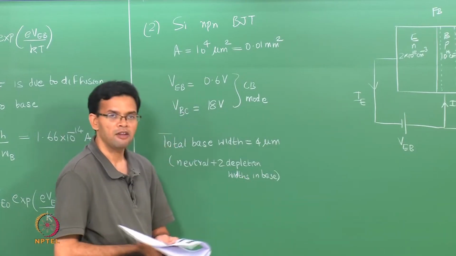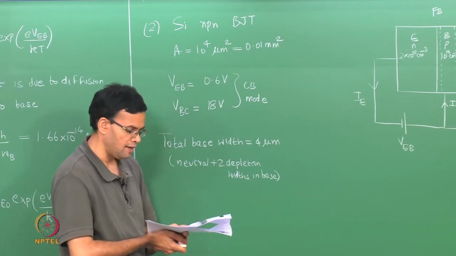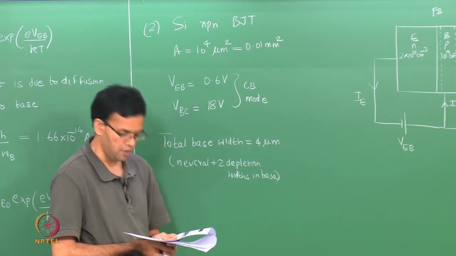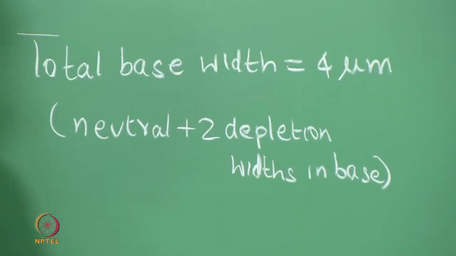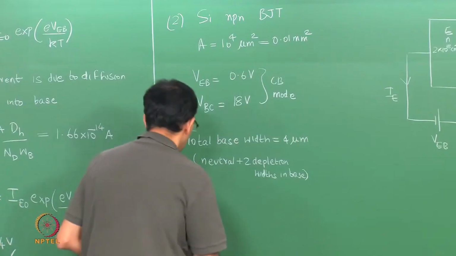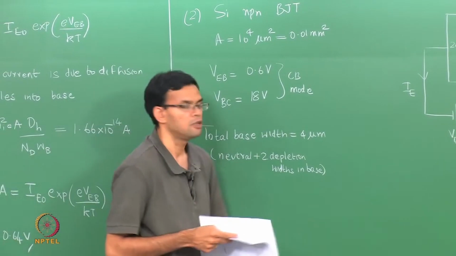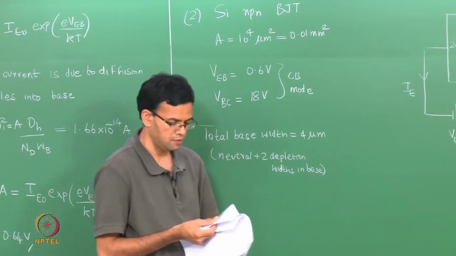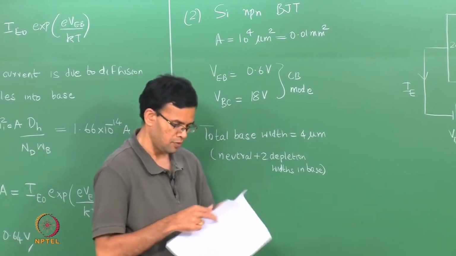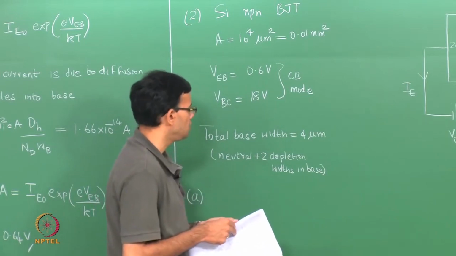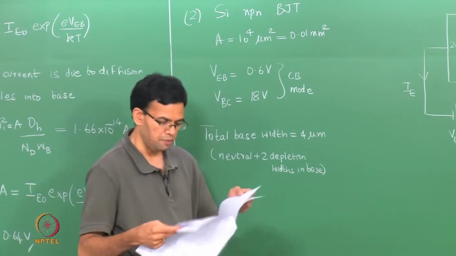In the first part of the question, we want to calculate the depletion layer width between the collector base and the emitter base. We also want to calculate the width of the neutral base region. So, in part A, we want to calculate the 2 depletion region widths, and we also want to calculate the width of the neutral base region.